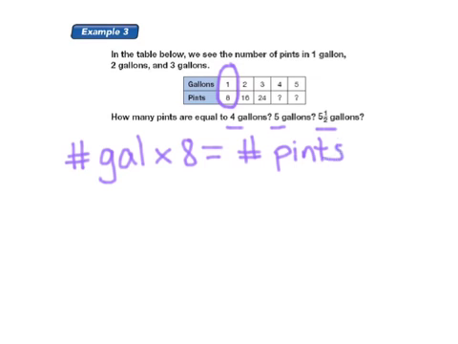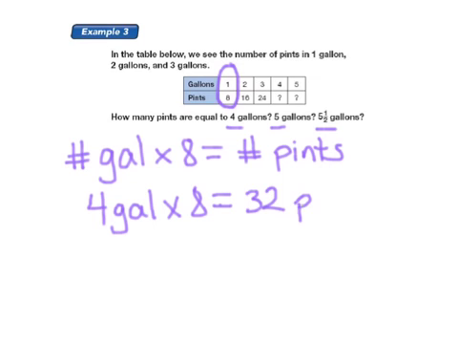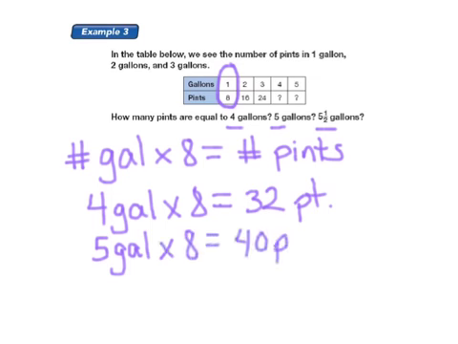So 4 gallons times 8 equals 32 pints. 5 gallons times 8 equals 40 pints. But then it asks us for 5.5 gallons.